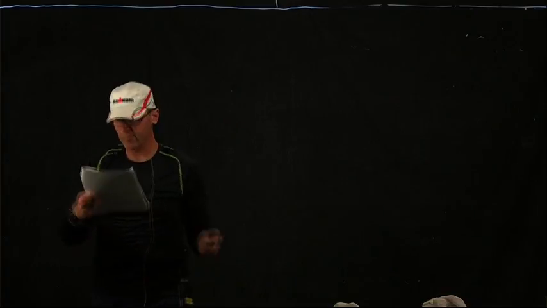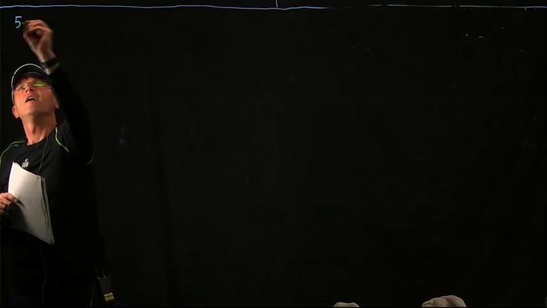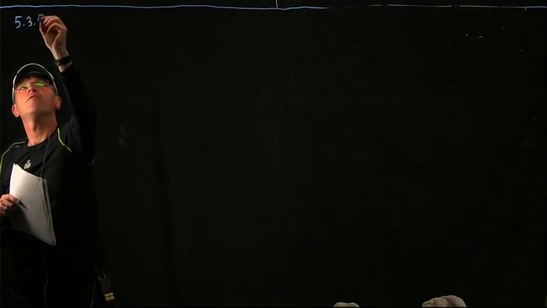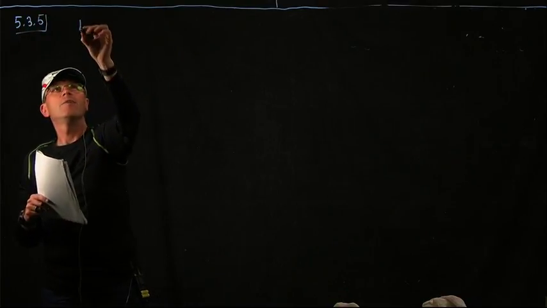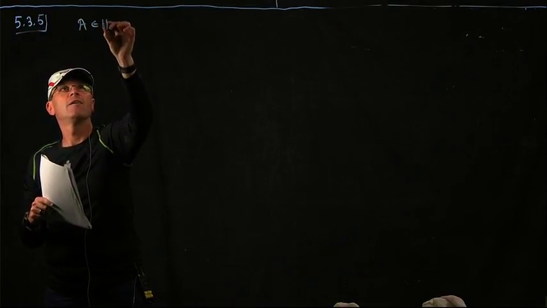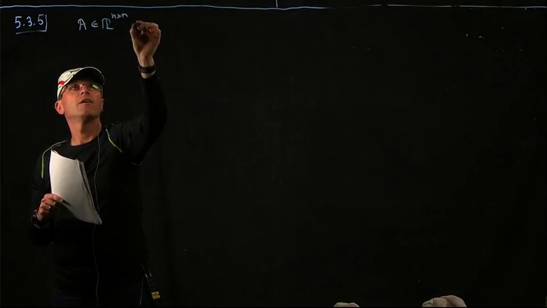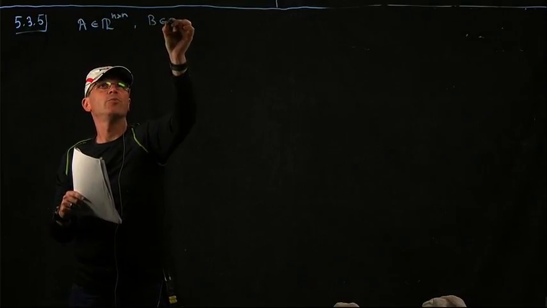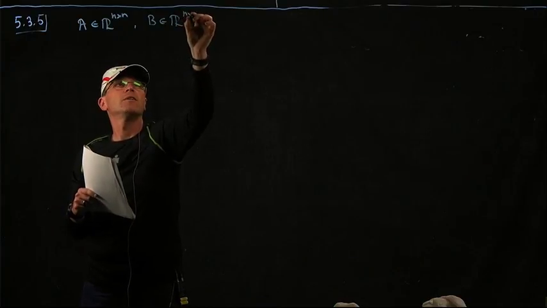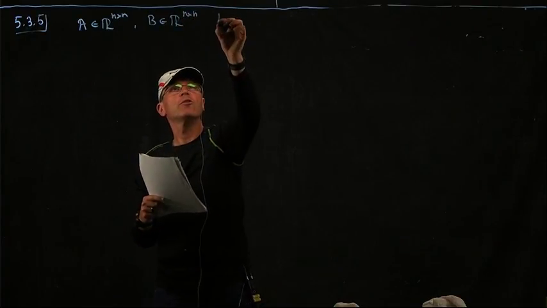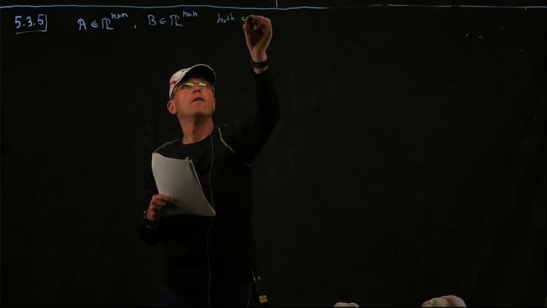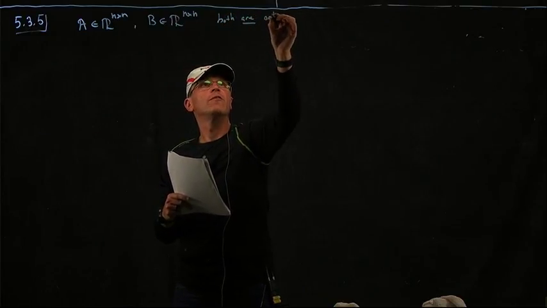So let's see here. We are at 535. We are given a matrix A, which is n by n, and a matrix B, which is n by n. So both are orthogonal.